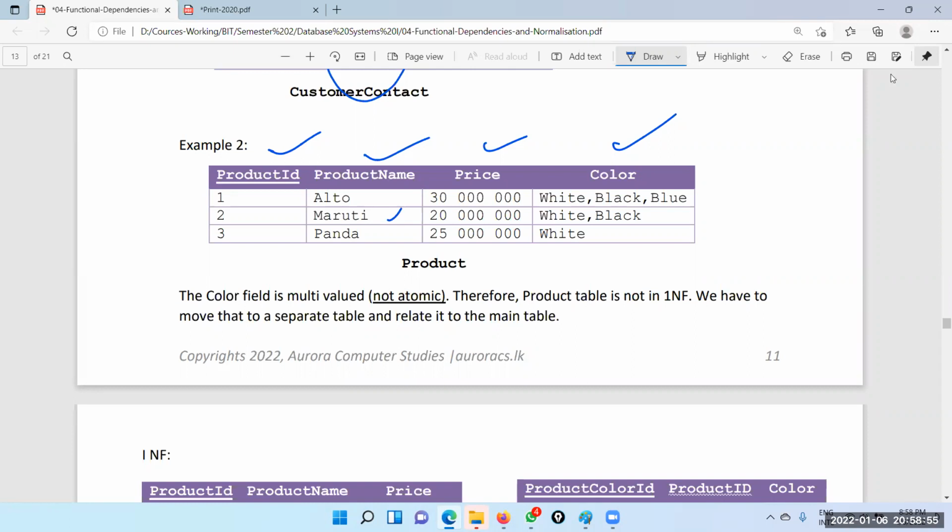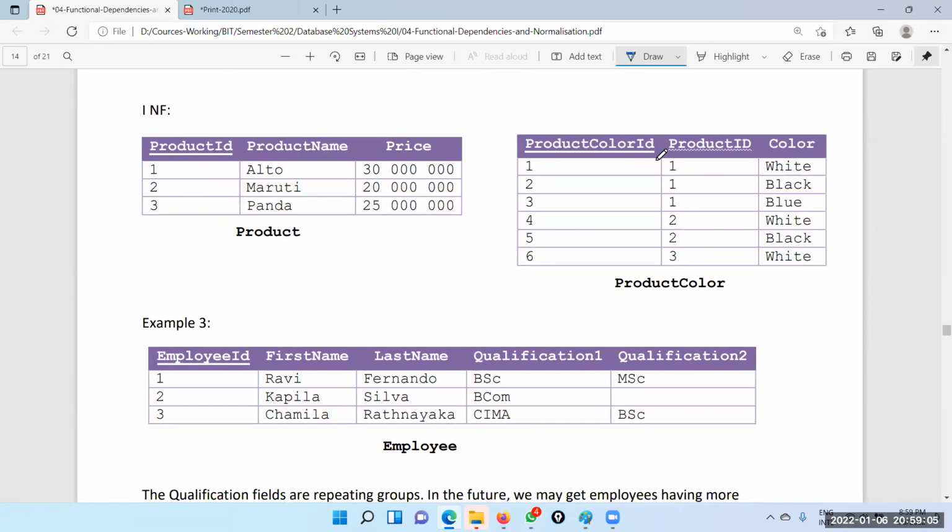So now you are in trouble because this is not atomic. Therefore, you have to put it into a separate table and relate it to this one as a one to many. Now we can see that the product ID is your foreign key. So now these two are related, one to many.